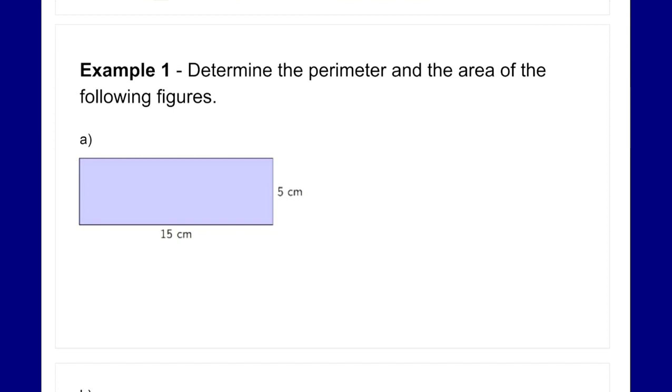So nothing too tricky. We have a rectangle here. We want to find the perimeter and the area. Now, if you don't remember the formulas for some of these shapes, some of the basic ones you should remember.